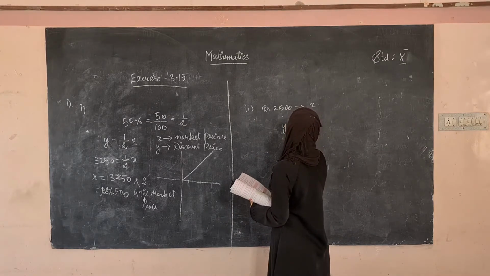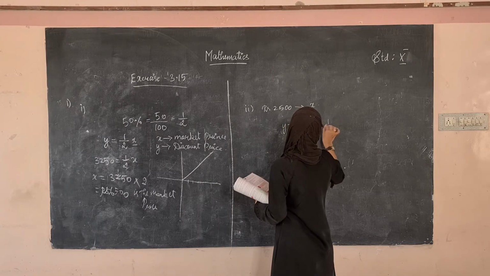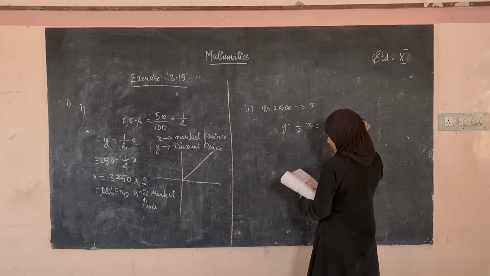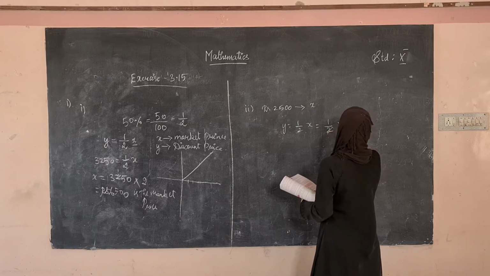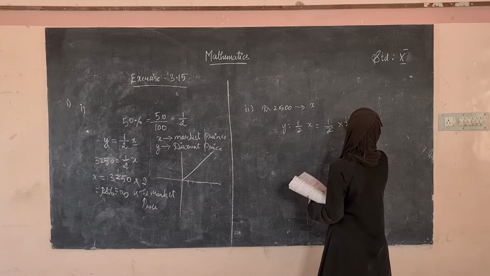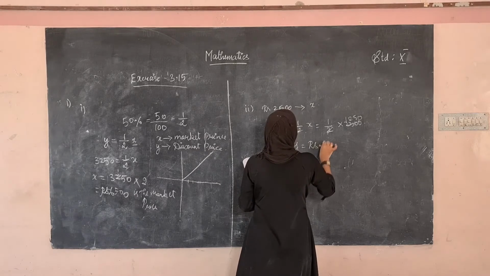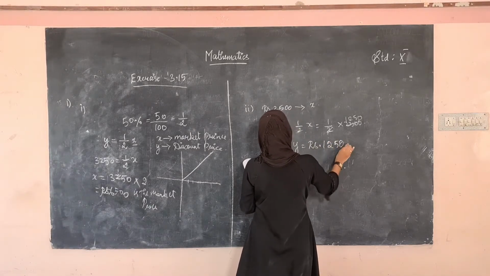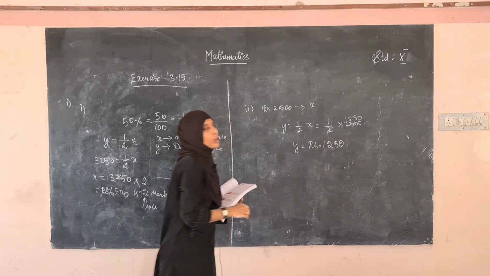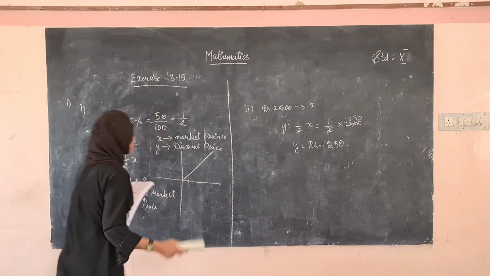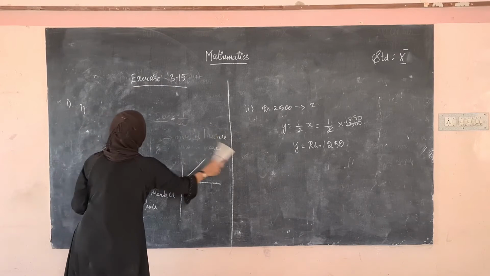We know that y is equal to 1 by 2 into x, which is 1 by 2 into 2500. So what happens? 1250. So the value of y is rupees 1250. That is, the discount price for the market price 2500 is rupees 1250. You have to write in words.